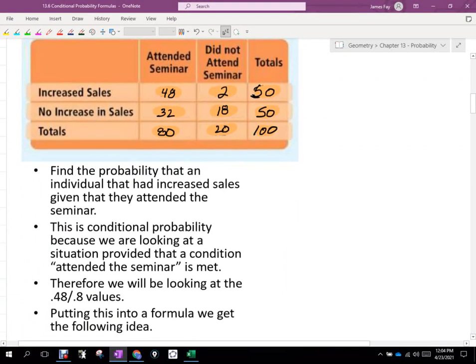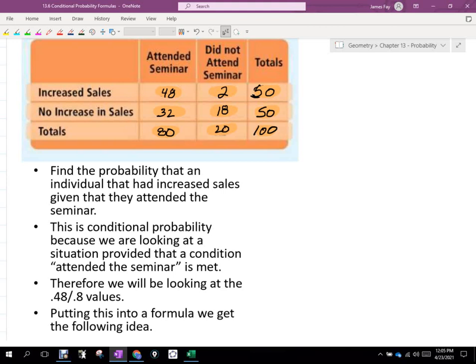What we have here is just some business that has sales, or we've documented the total sales of salespersons in this company, some of which went to a seminar and some of them that did not go to a seminar, okay? And we want to determine, what's the probability that sales increased if they went to the seminar versus sales increased if they did not go to the seminar, that kind of thing, okay?